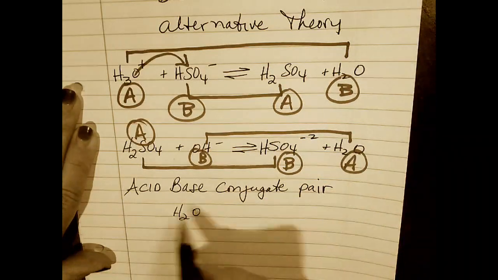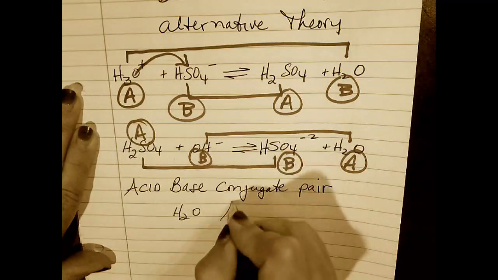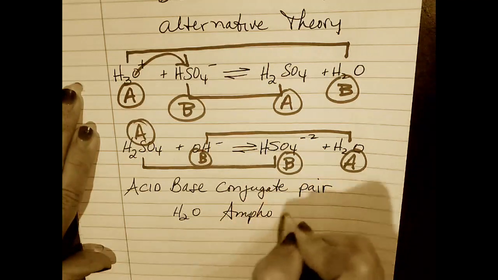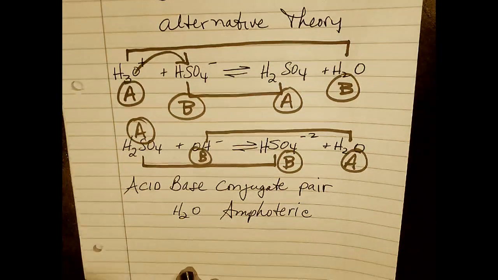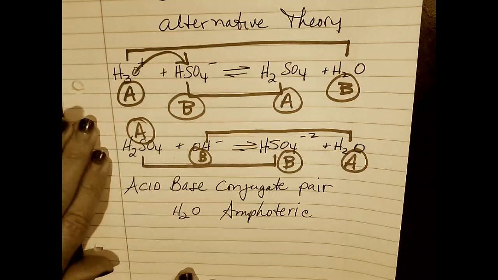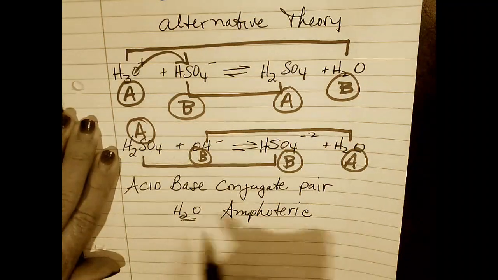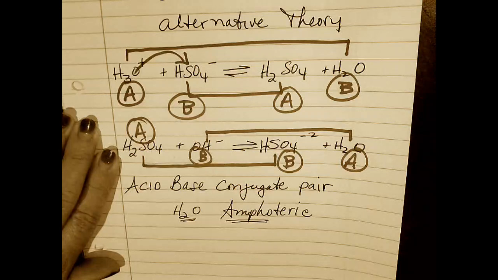So when we have a substance that can do that, it's called amphoteric. Like an amphibian can live on both land and water, amphoteric means that the substance has the ability to act as an acid or base. So it can be a proton donor or it can be a proton acceptor.